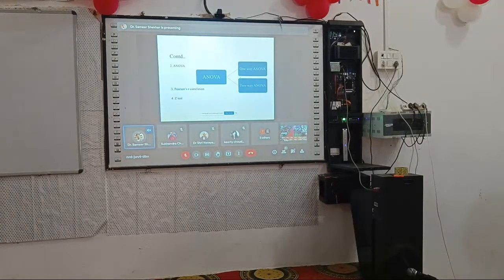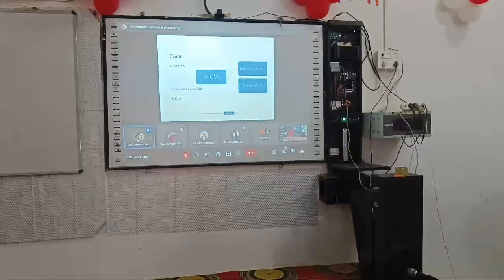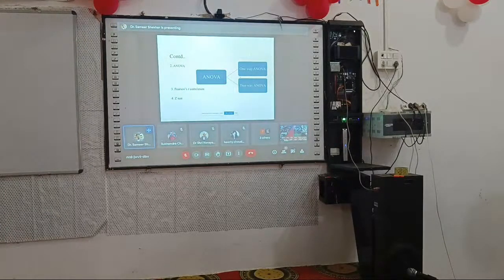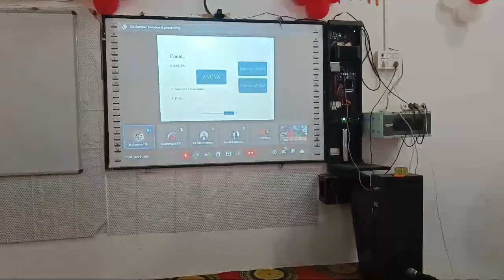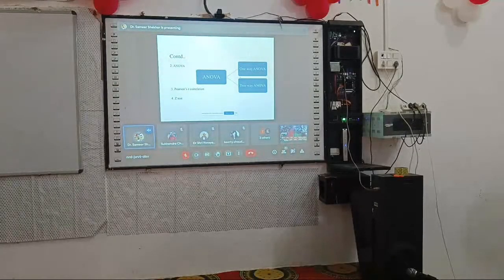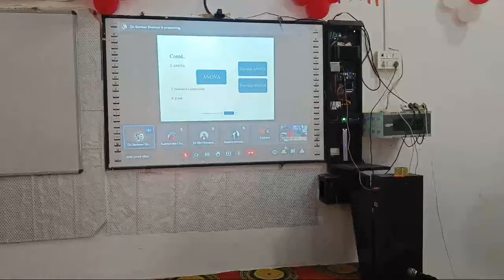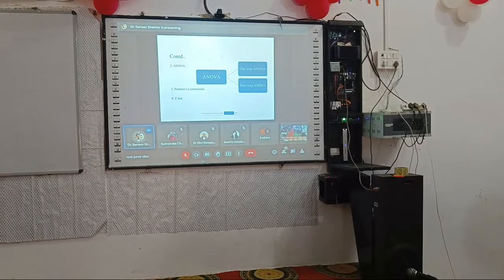So these are the basics, and then there comes ANOVA, analysis of variance. When sample size increases beyond 30, then the F test is used. One way ANOVA is there, two way ANOVA is there. One way ANOVA means that we try to find out the impact of one factor over the dependent variable. Suppose we are trying to assess whether the use of fertilizers is making enough changes in the productivity of certain crops.